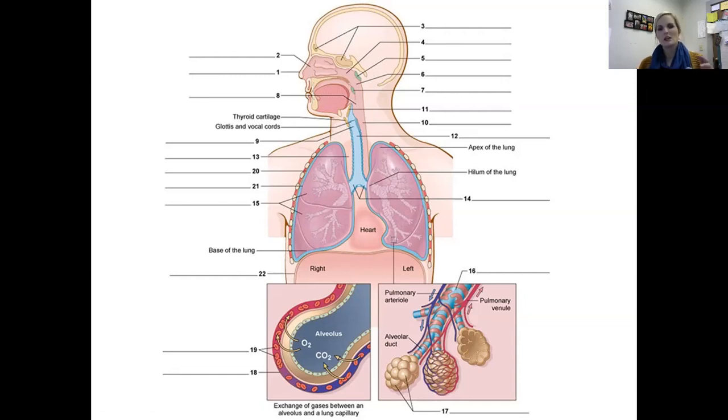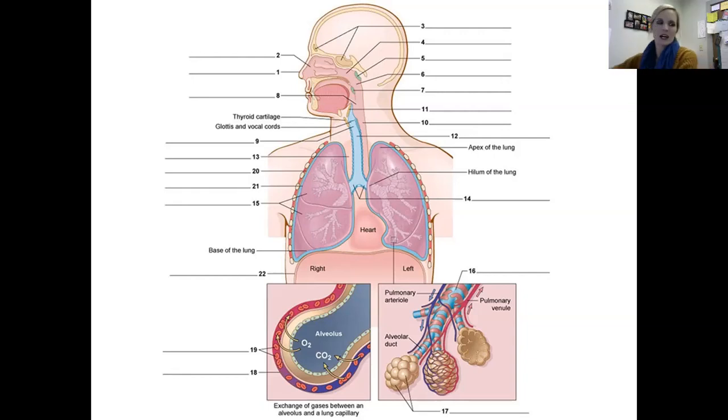Now, the next part that we're going to identify is called the pharynx, which is commonly referred to as our throat. You can see it labeled in your diagram in your book. But before you label this just yet, there are different sections of the pharynx.